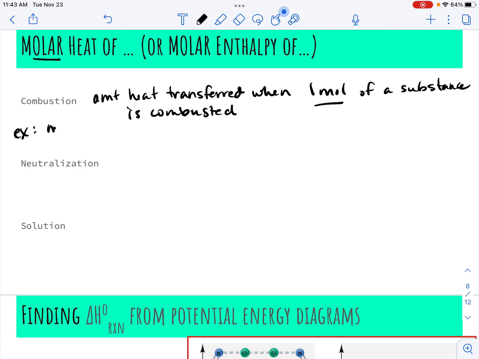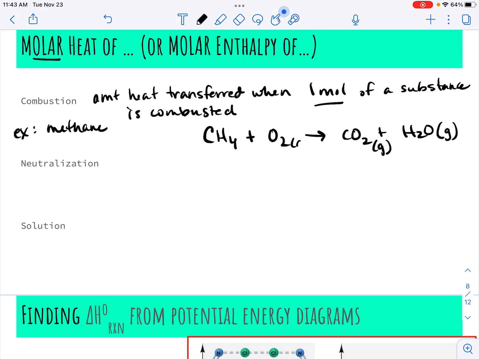So an example for methane, it's molar heat of combustion. The equation that would represent that would be methane, and to combust it we have to add O2, and we're going to get carbon dioxide and water, and we should technically put in our states of matter here because we know that they make a difference. All right, methane is a gas. And so if we're going to write that equation, it's got to be the 1 mole of a substance combusting.